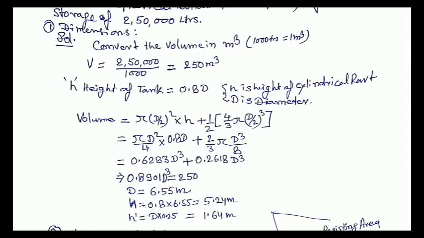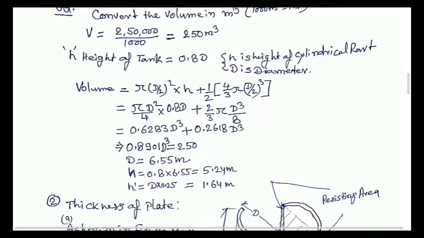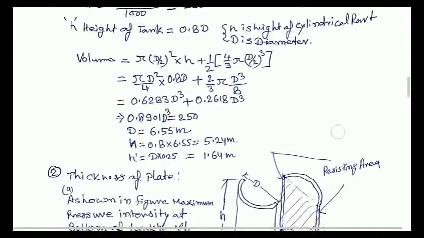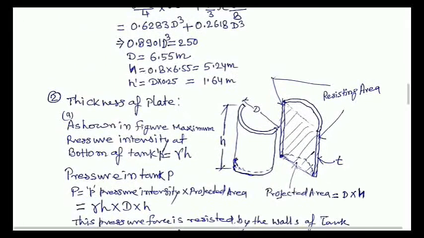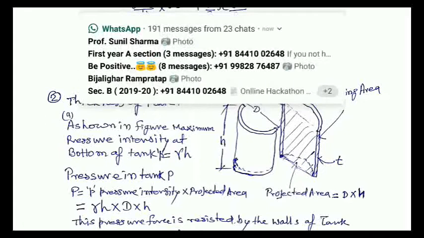On resolving this, the value of diameter d comes out to be 6.55 meters, and height of the tank comes out to be 5.24 meters, while the height of the conical portion h dash comes out to be 1.64 meters.